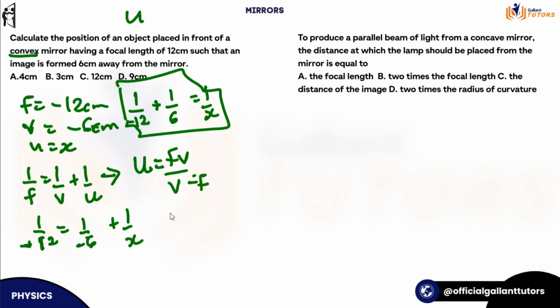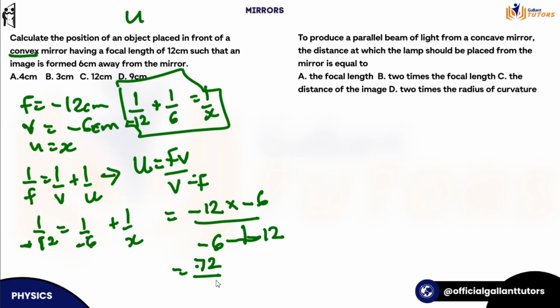Now let's use it simply. F is minus 12 times V, which is minus 6. So we have minus 12 times minus 6, which gives plus 72, over minus 6 minus minus 12, which becomes 12 minus 6, which gives 6.